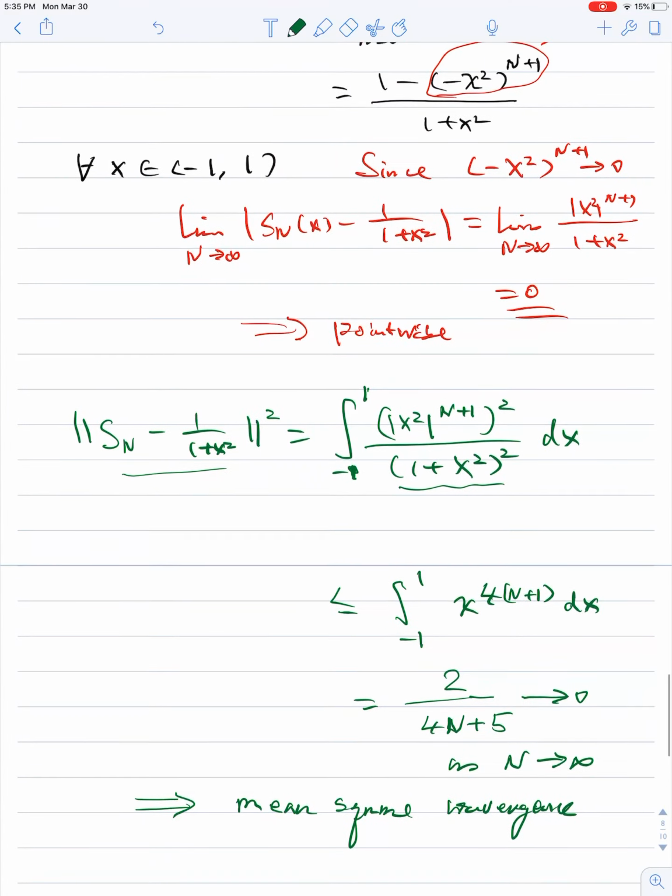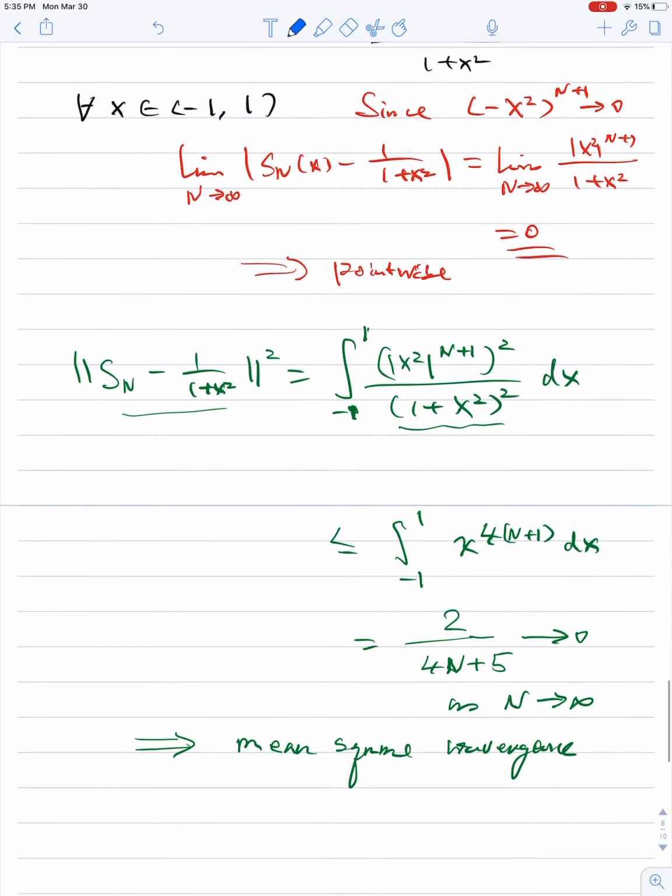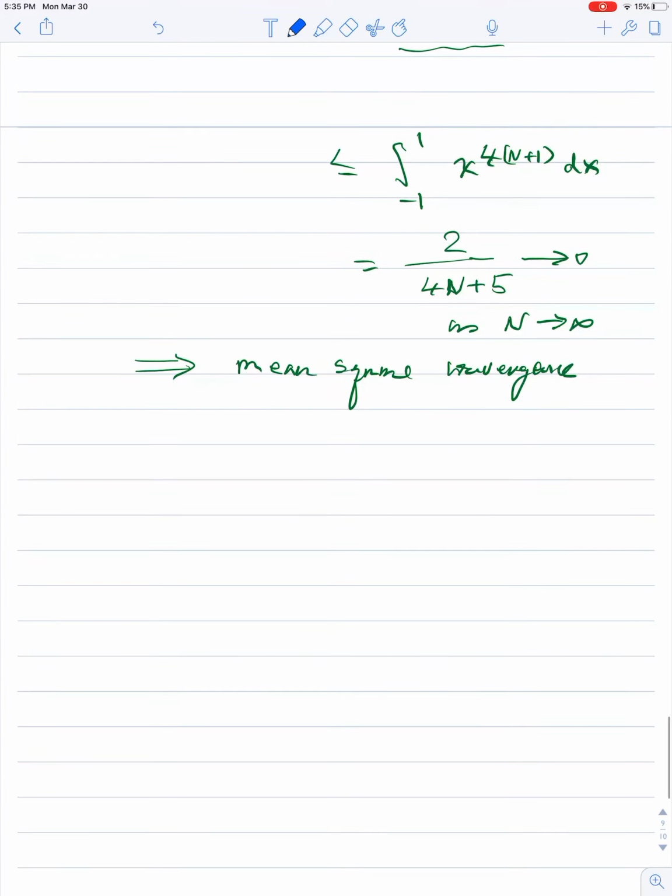However, we do not have the uniform convergence. If you look at the maximum of |Sn(x) - f(x)|, with x running from -1 to 1, this is the maximum of x^(2n+2) over (1 + x squared). We have this expression before.